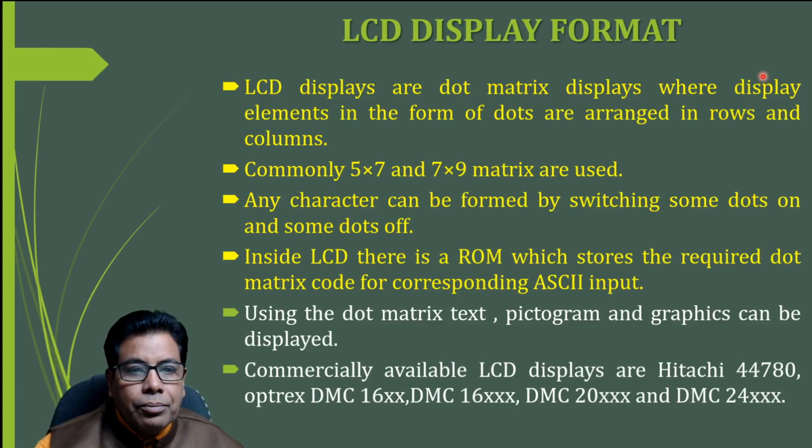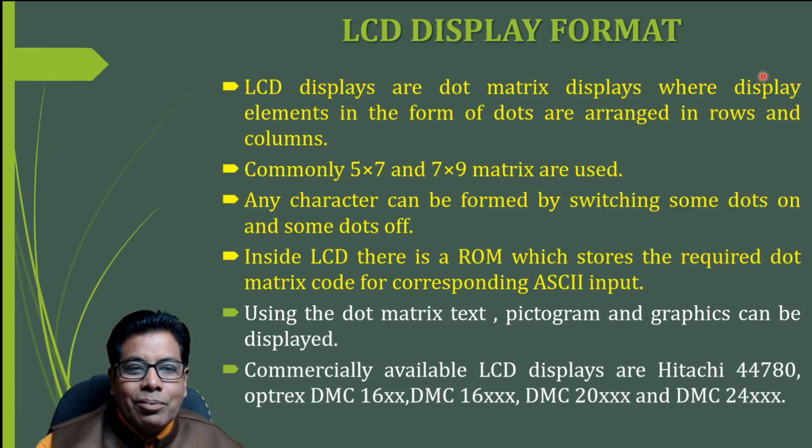Now there is a read-only memory in the LCD which stores the required dot matrix code for the corresponding ASCII input. So here we have to give the ASCII value as the input to the LCD, and then as per the ASCII value it will display the particular character.